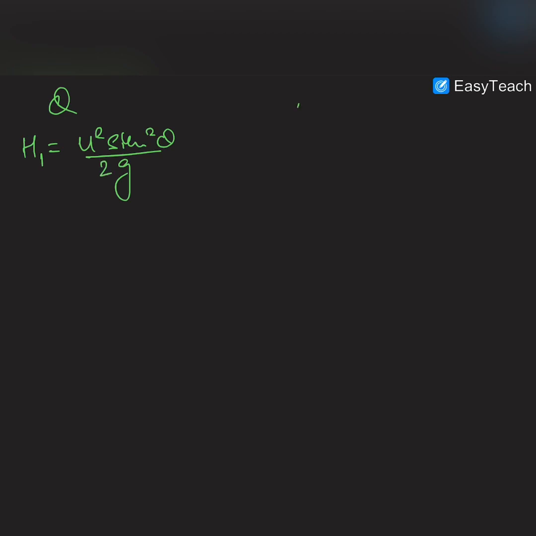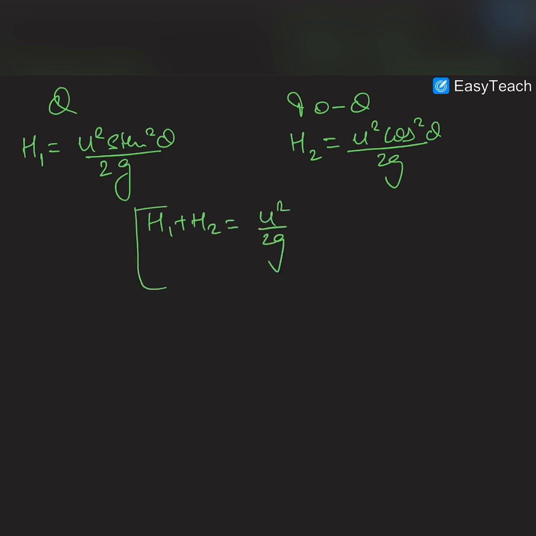And for the angle of projection of 90 minus theta, the maximum height is h2, which is u square cos square theta by 2g. So the sum of these two heights would be u square by 2g, since sine square plus cos square is 1.